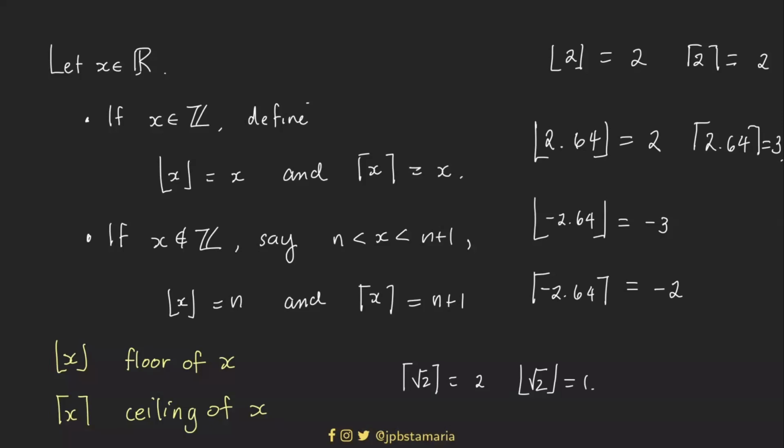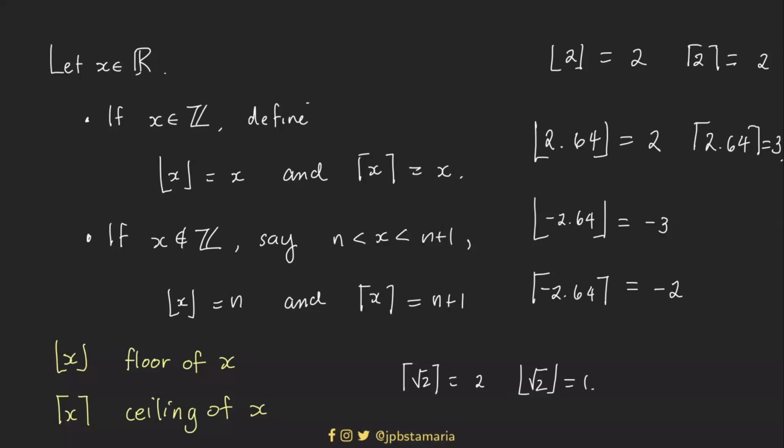For the integers, anong natural na next step? Ang next step ay mga rational numbers. Kung paano naman naka-arrange yung mga rational numbers sa number line. Yes, correct, Jesserine. Yung floor function is also called as the greatest integer function sa calculus. If you are teaching a calculus course, you might have encountered the greatest integer function.